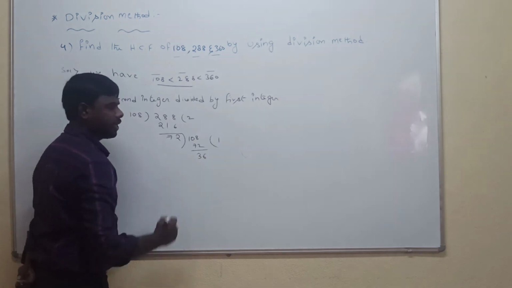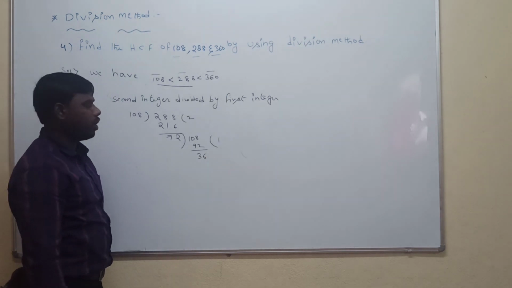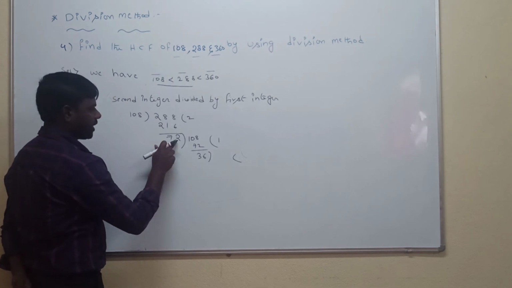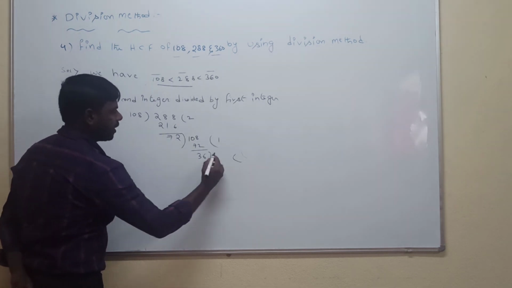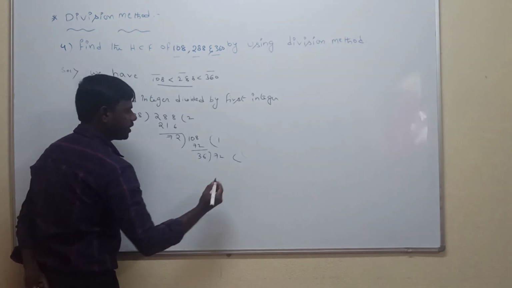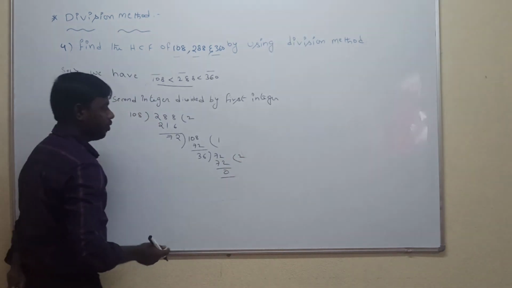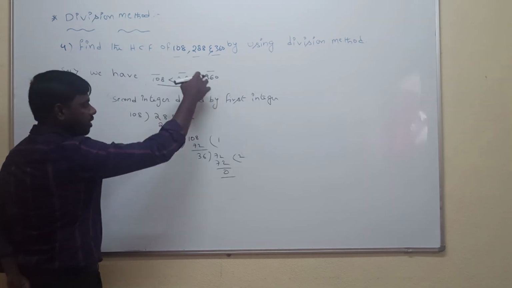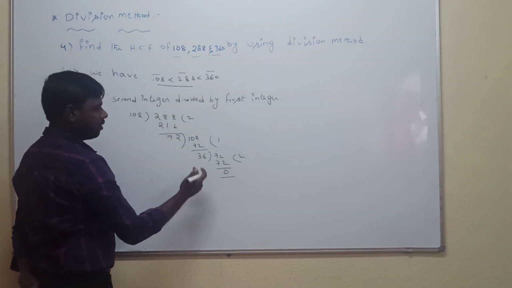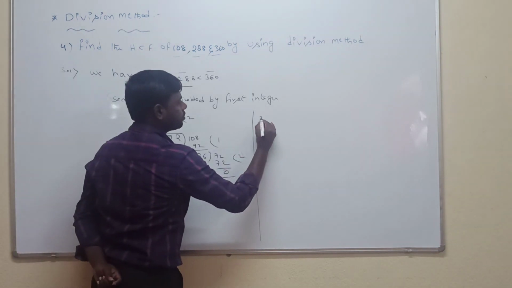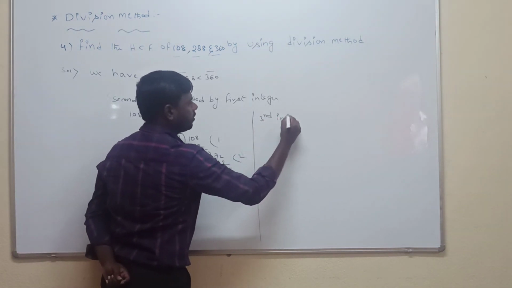The remainder is 36. Here also we are not getting remainder 0. Divide the second divisor by the second remainder 72. 36 times 2 is 72, so the remainder is 0. Now the third integer is divided by the final divisor.